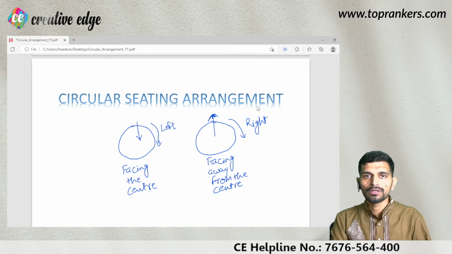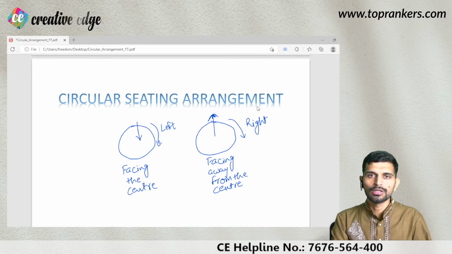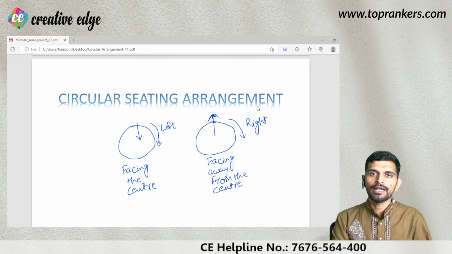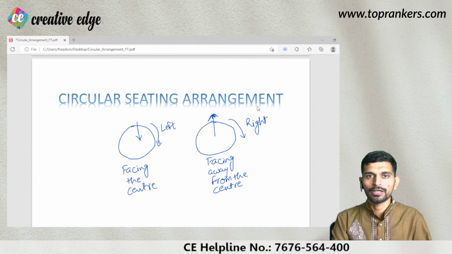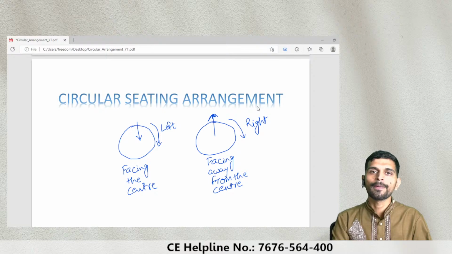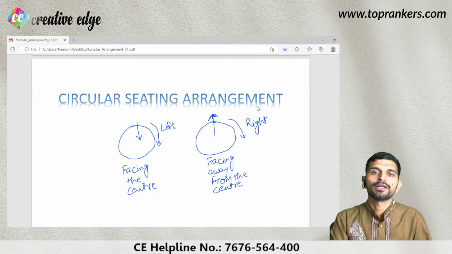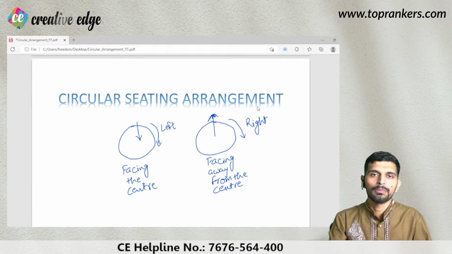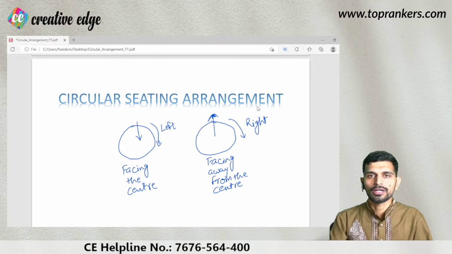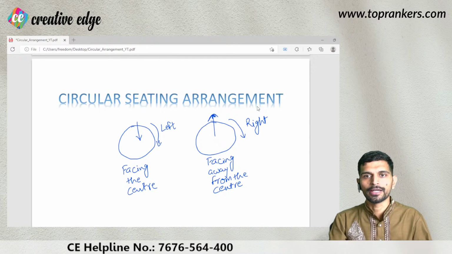If nothing is mentioned in the question, it is considered that people are facing the center. If mentioned specifically that some of the people, or all of the people in the group, are facing away from the center, then develop your structure accordingly.